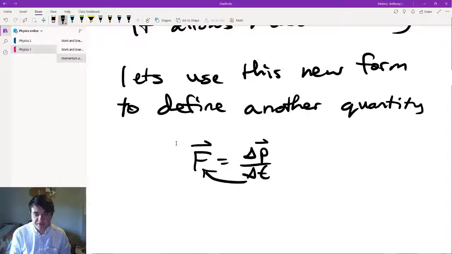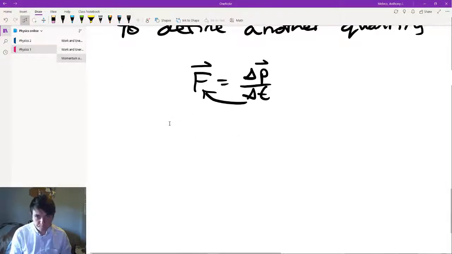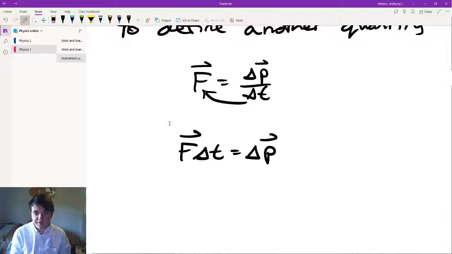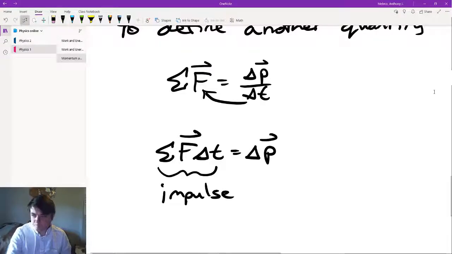If I multiply this over and write it in terms of momentum, we now have this new strange thing: force times change in time. The sum of the force times the change in time equals the change of momentum of an object. And this new property is known as impulse.